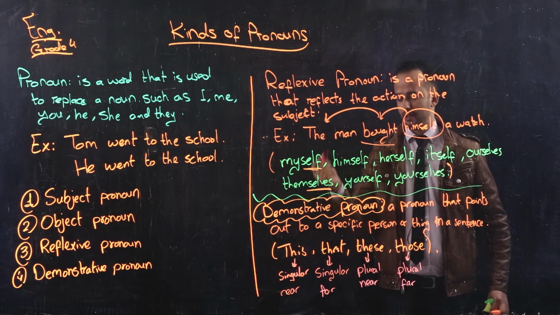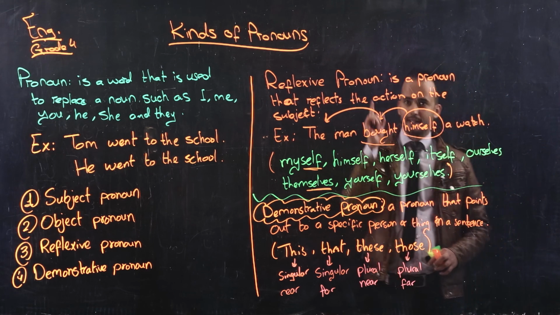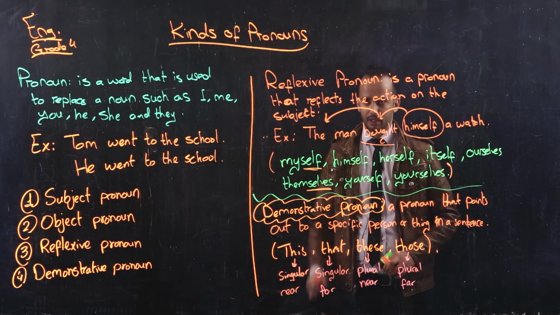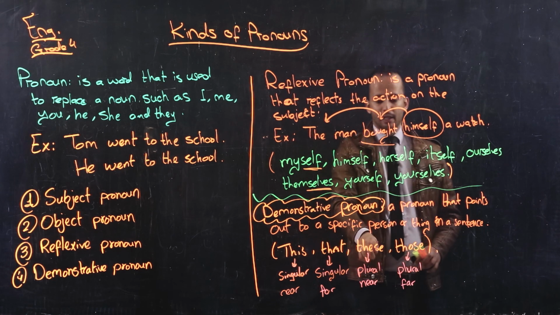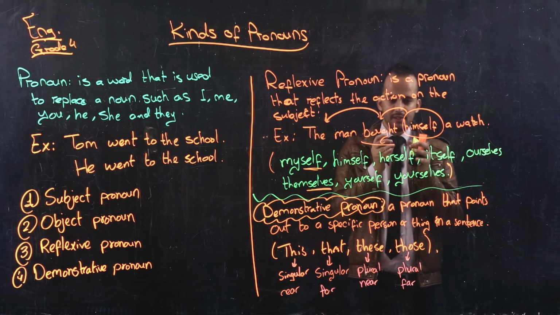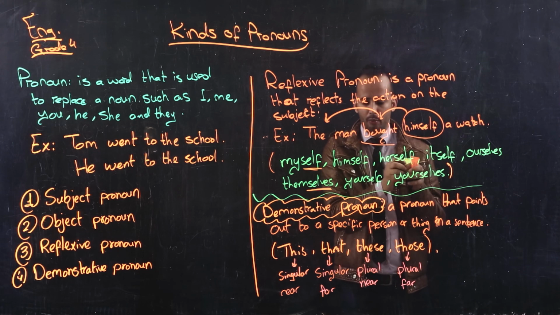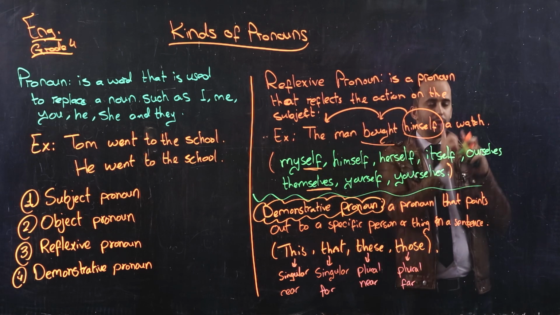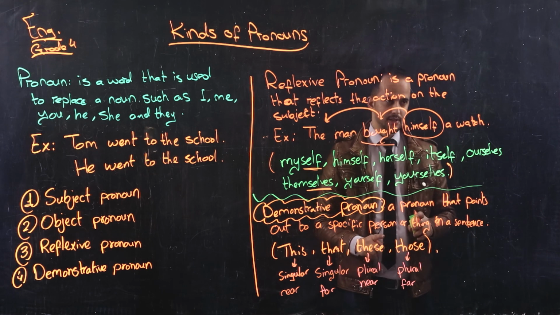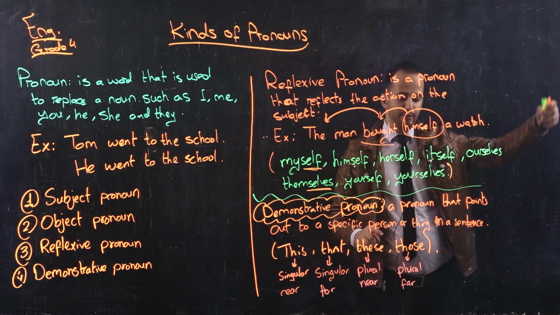So we say, this is a marker, that is a door because it's far away from me. These are markers because it's more than one marker, and those are students. The students are far away from me.